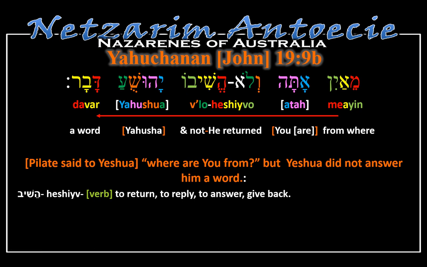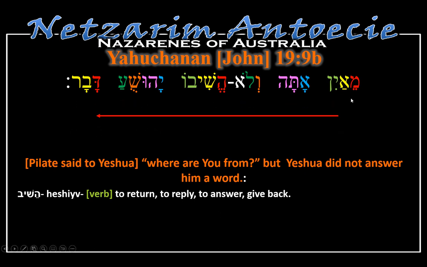Right, so that just helps us. And not he returned. And then we've got Yahushua, or Yahusha, davar, meaning a word. So Pilate said to Yeshua, where are you from? But Yeshua did not answer him a word.